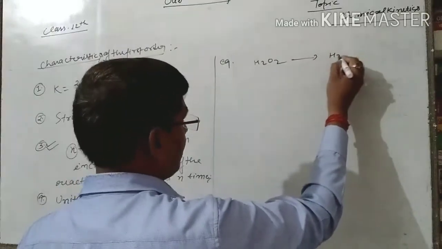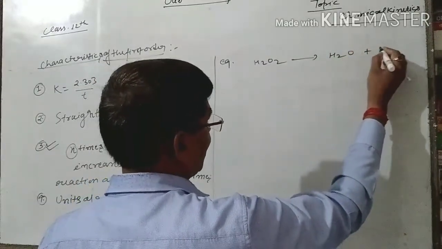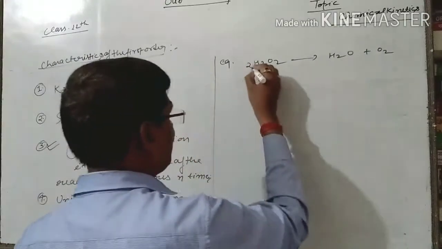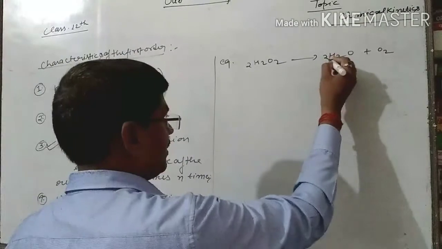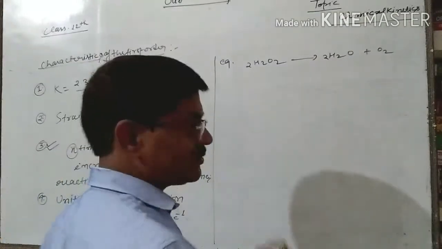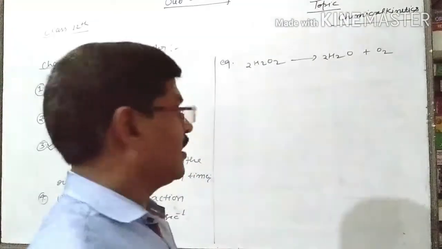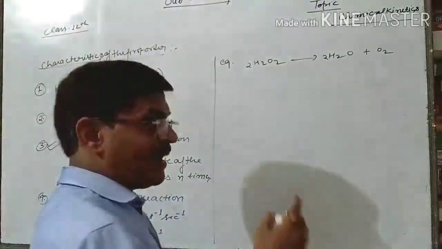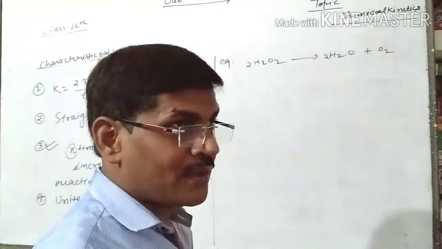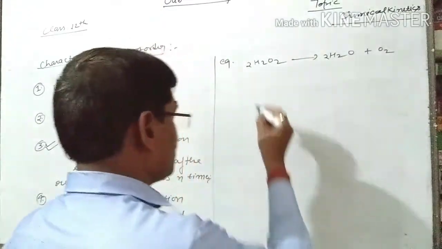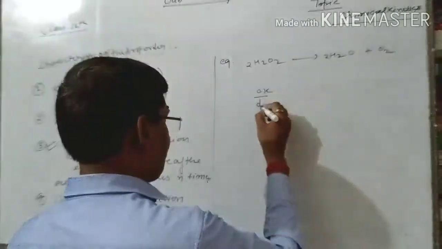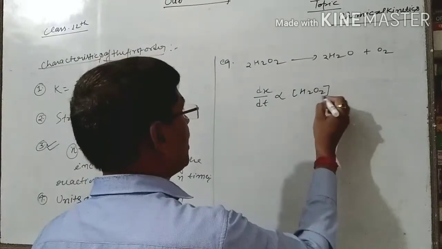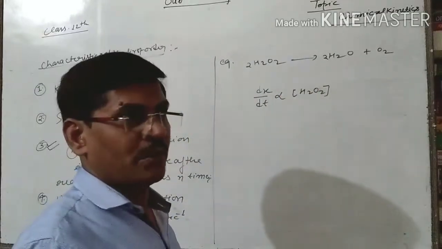It will give H2O plus oxygen. If one molecule, then nascent oxygen; otherwise I have to take 2 and here also 2. This is also an example of first order. Here the rate of reaction depends on the concentration of H2O2, not on the number of H2O2 molecules. So dx by dt is directly proportional to the concentration of H2O2 only. I have not mentioned power 2.